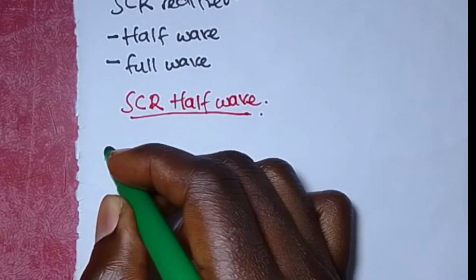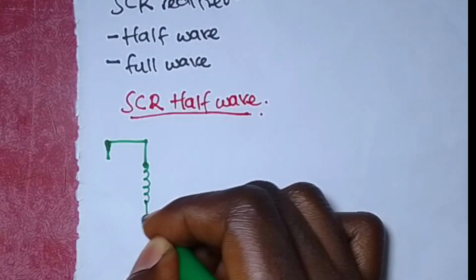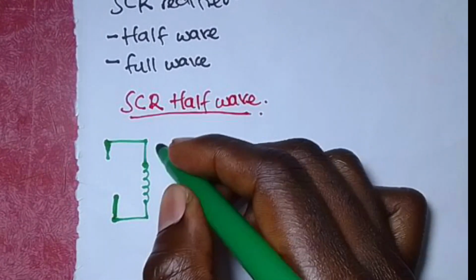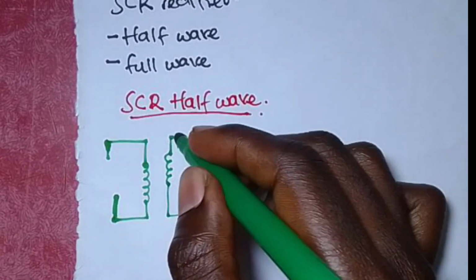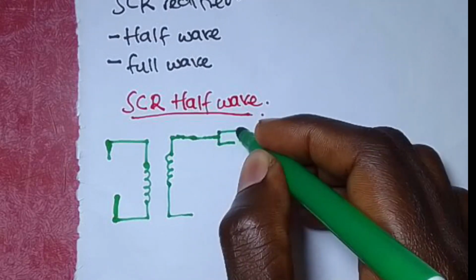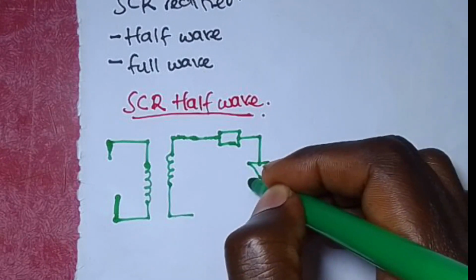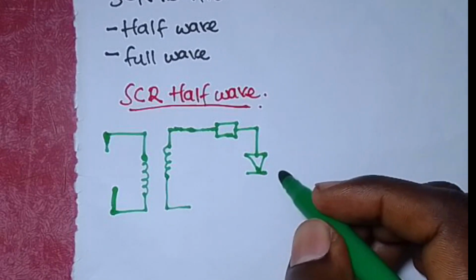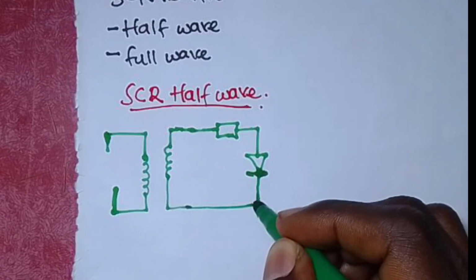AC input, which I can represent through a transformer, and then I'll have the secondary of the transformer being connected to a load, and then through an SCR. Remember, we said that the load is always connected in series with the anode.